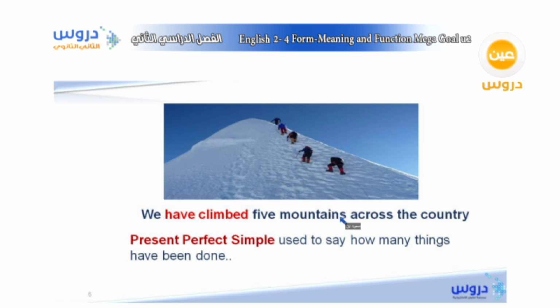We have climbed 5 mountains across the country. So here, present perfect simple is used to say how many things have been done. Okay, but in the previous slide, when we talked about the present perfect continuous, it says how long, the period of time.